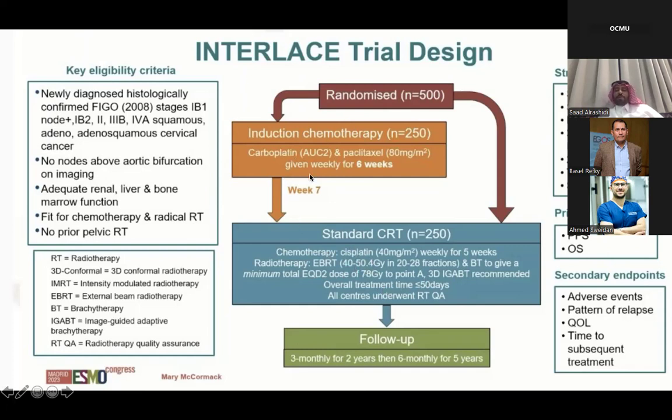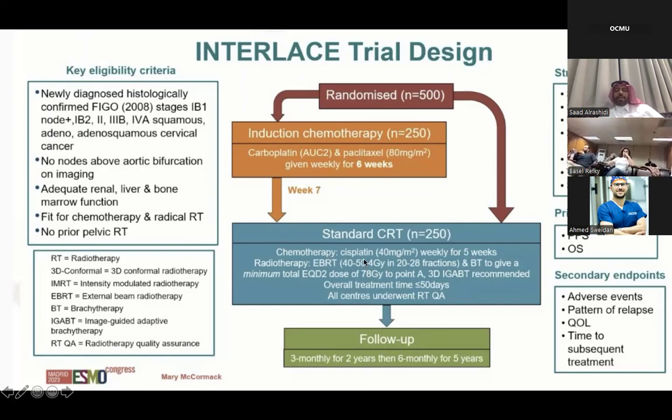So they gave induction chemotherapy, carboplatin and paclitaxel, weekly for 6 weeks, and then moved to either the standard CCRT or just the placebo arm, which is CCRT alone without induction.